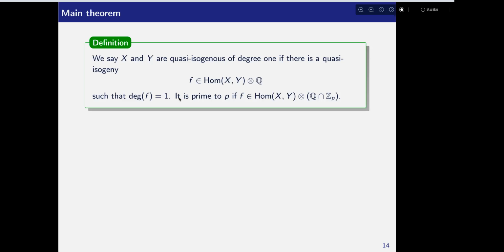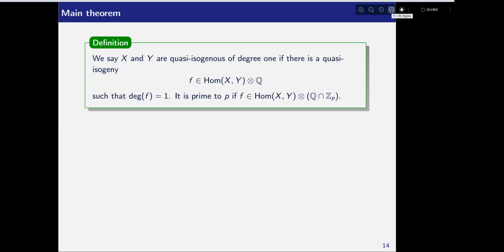The degree can be viewed as the fiber between X and Y, and we say it's prime to P if the coefficients lie in Q intersect Z_P. Basically, you can think of this as a matrix whose coefficients are rational, and the denominators are coprime to P. This is what we call quasi-isogenies of degree 1.